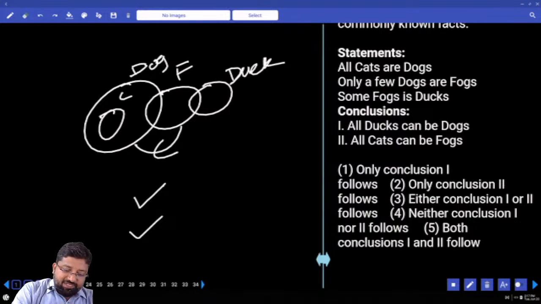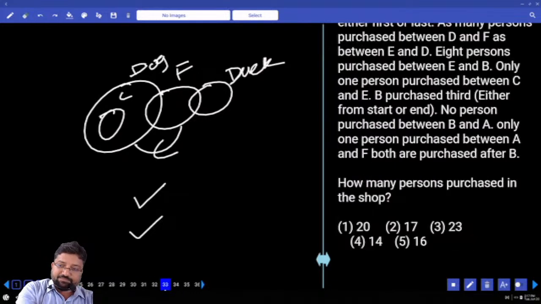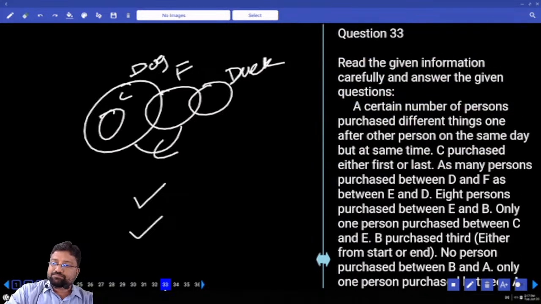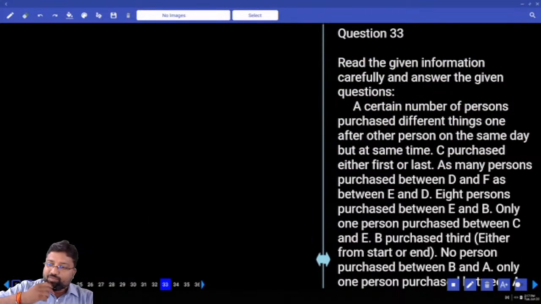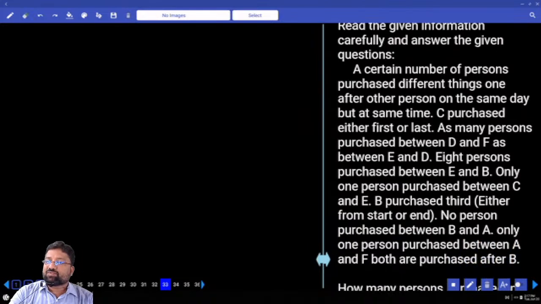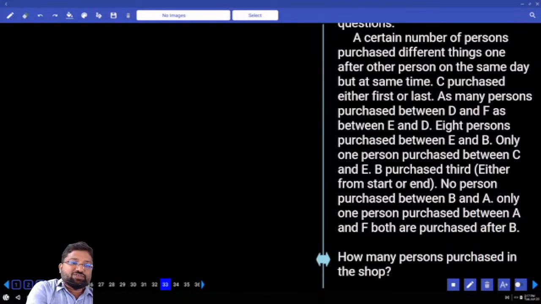Let's see question number 33. A certain number of persons purchase different things one after the other in the same day but at different times. C purchases either first or last.